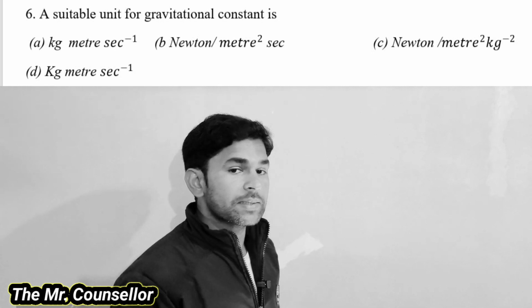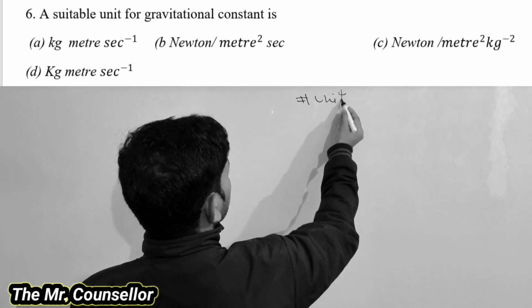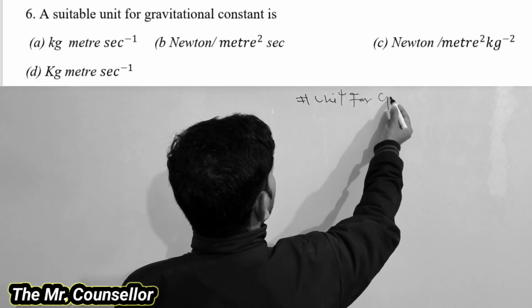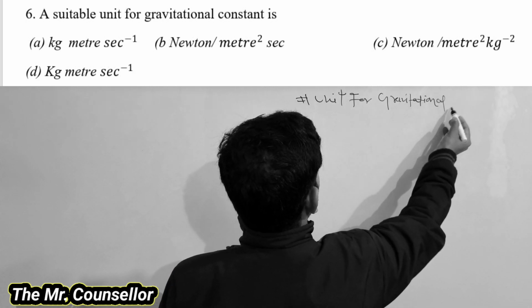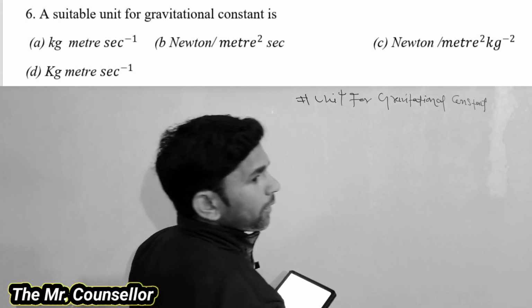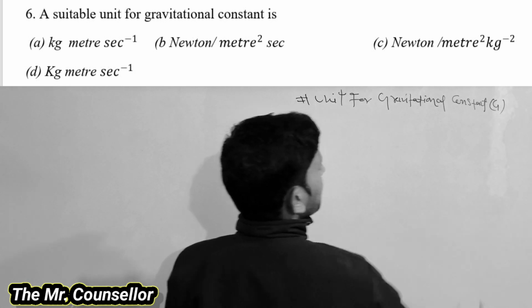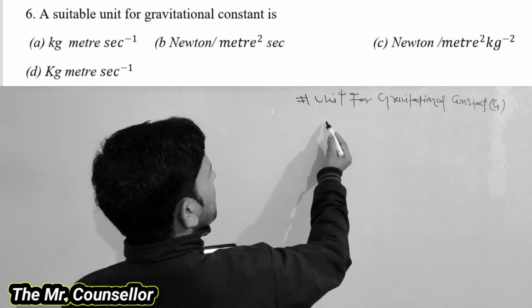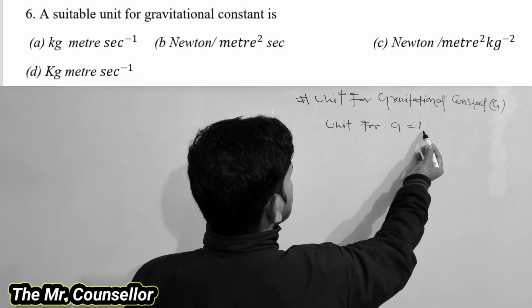They are asking for the suitable unit for the gravitational constant. You know the notation of the gravitational constant is capital G, so they are asking the unit for capital G.